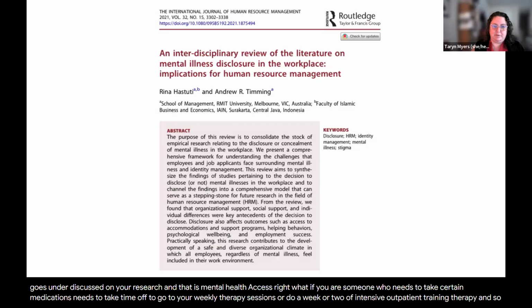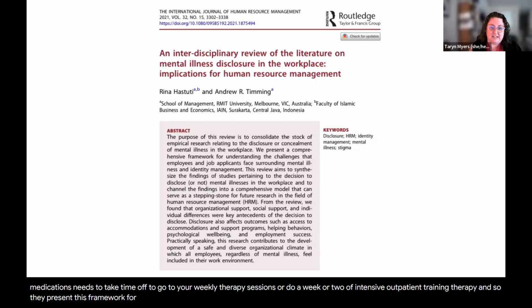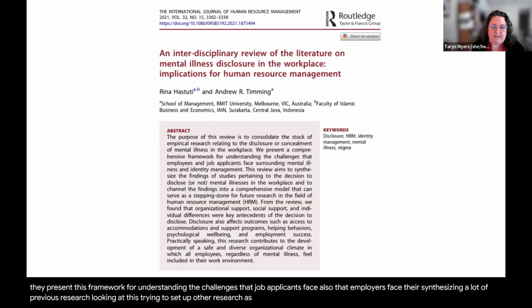And so they present this framework for understanding the challenges that job applicants face, also that employers face. They're synthesizing a lot of previous research looking at this, trying to set up other research as well.